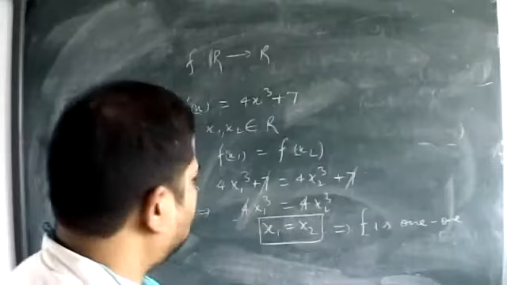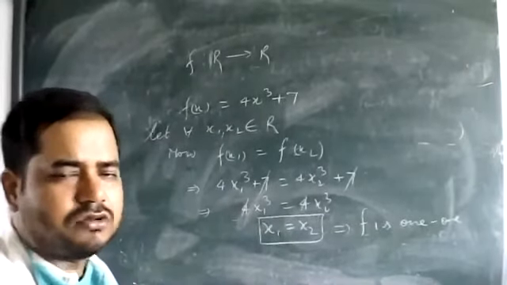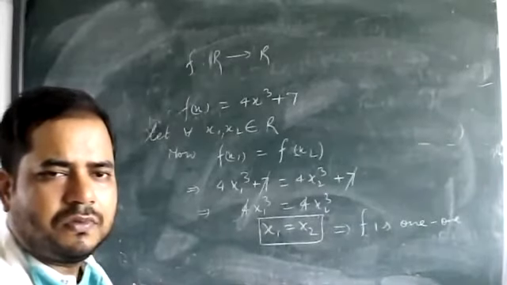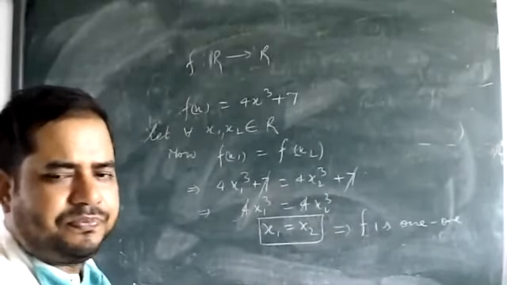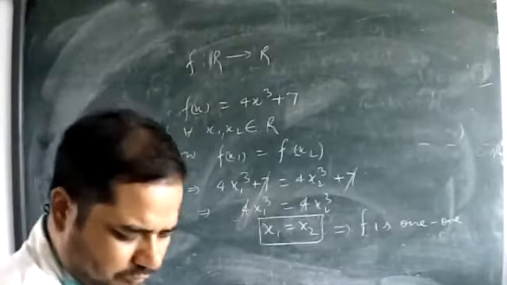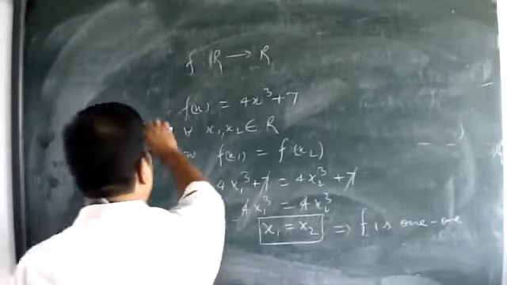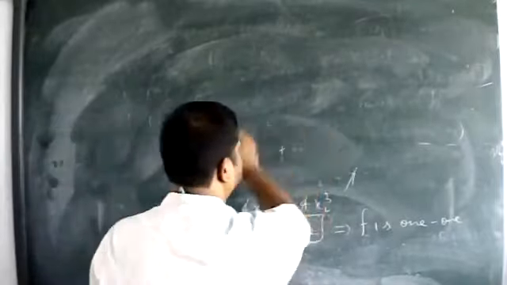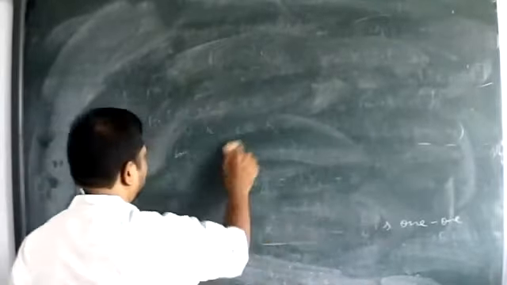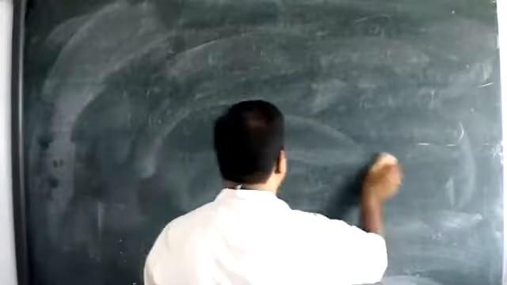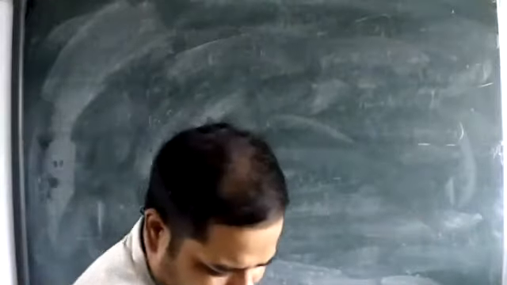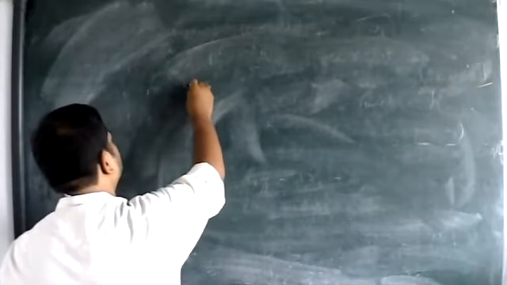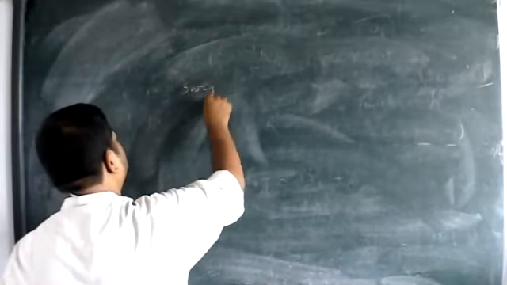Now for onto, for surjectivity of the function, you take, do you want to note it down? For onto, for surjectivity of the function, first we take y belongs to Y such that there exists x belongs to X such that y is equals to f(x).